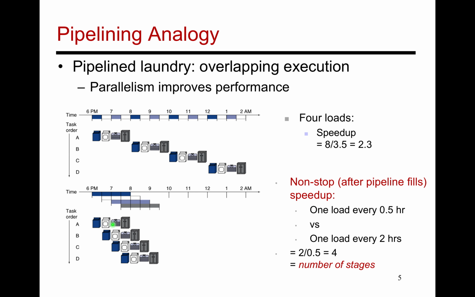Now in this case, it makes a difference because our number of tasks is so small, only 4. So while here we get a speed up of 4 at the saturation point, overall we only get 2.3 because we are paying this additional overhead for filling up the pipeline. Okay.